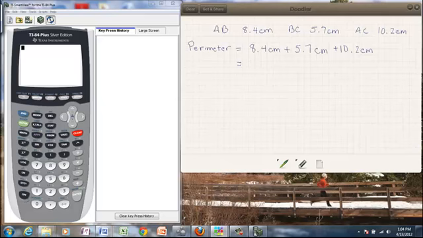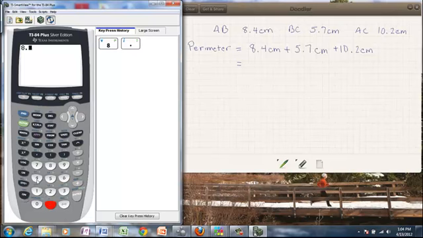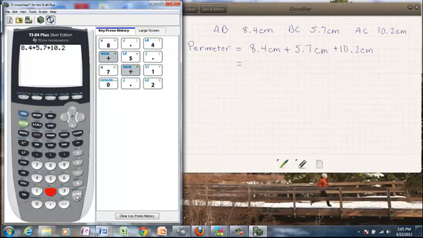And if I add all that together, yes, I use my calculator. I don't try and do this in my head. That answer is 24.3 centimeters.